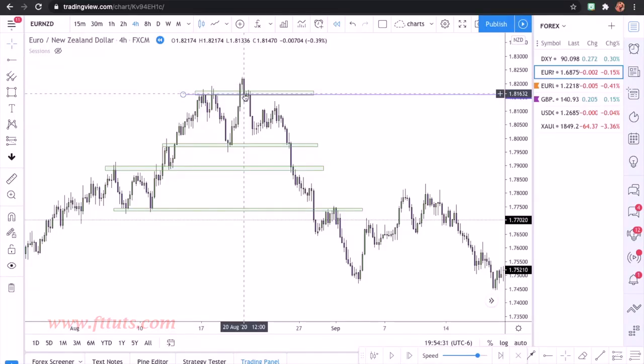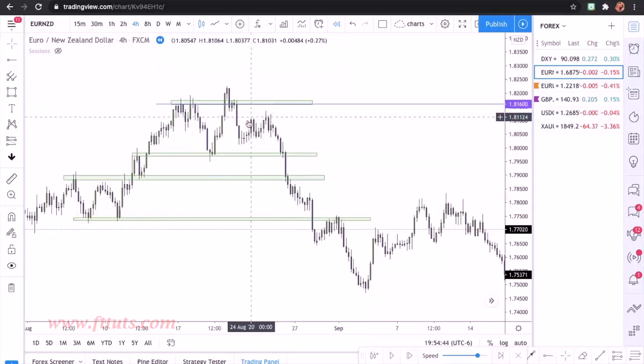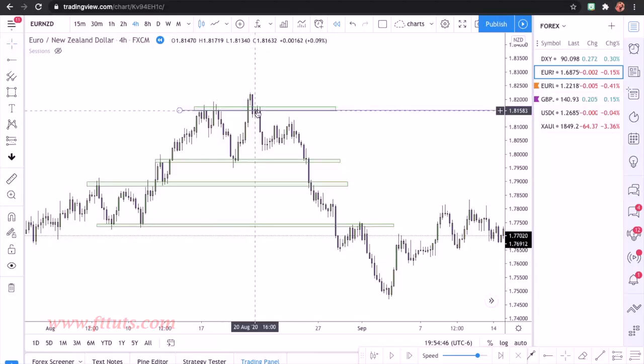So this is an example of a false breakout, okay? Basically what happens is the market entices buyers to go in the market, and then the market makers end up taking profit and making extra money. Buyers will think, okay, the market's breaking, and then they'll start buying, okay?